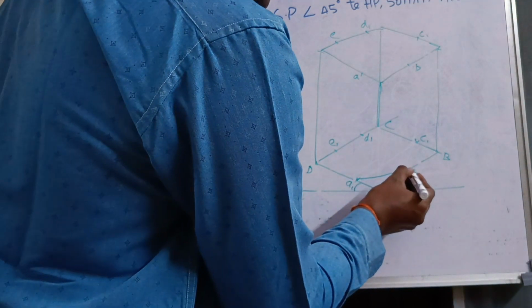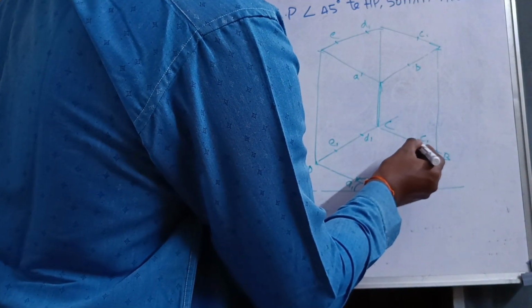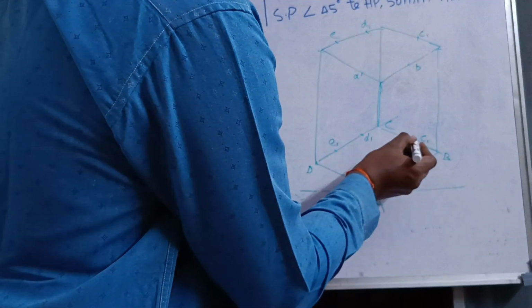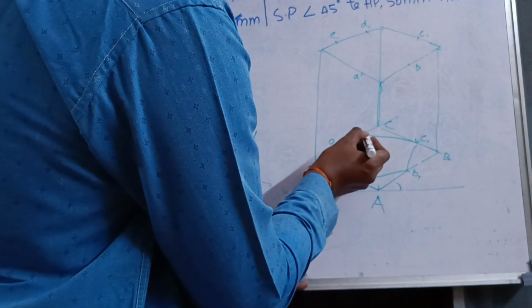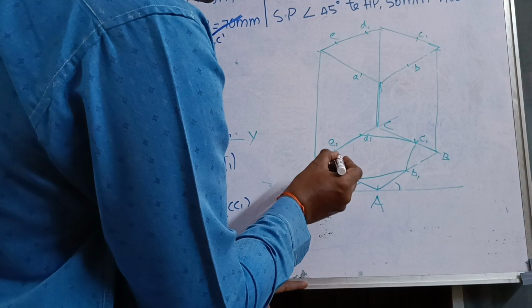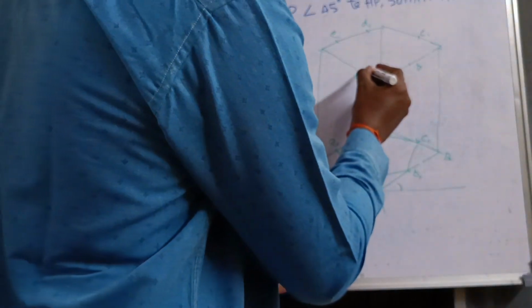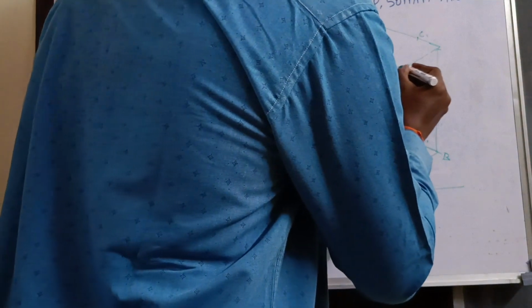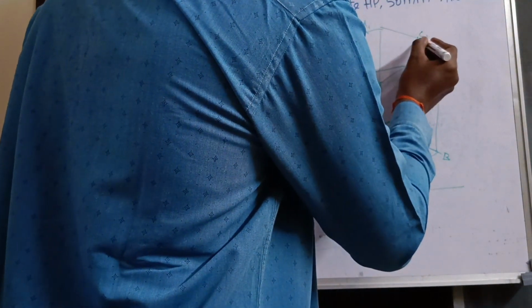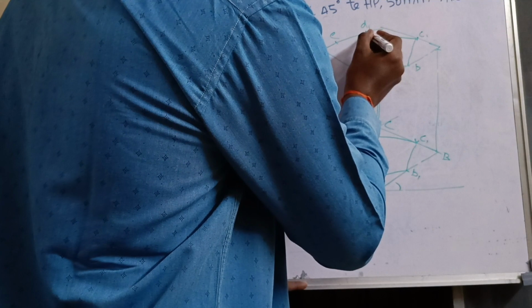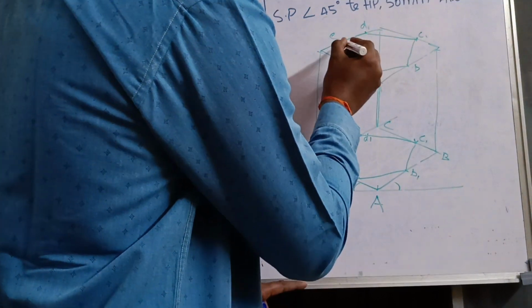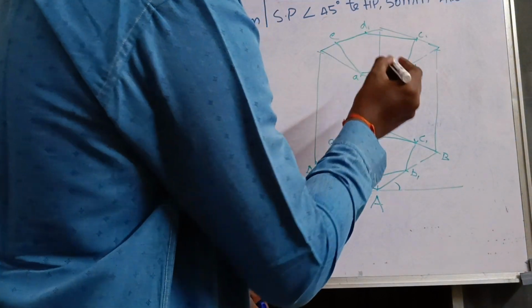So A to B, A1 to B1, B1 to C1, C1 to D1, D1 to E1, and E1 to A1. Similarly, in the top corner, A to B, B to C, C to D, D to E, and E to A.